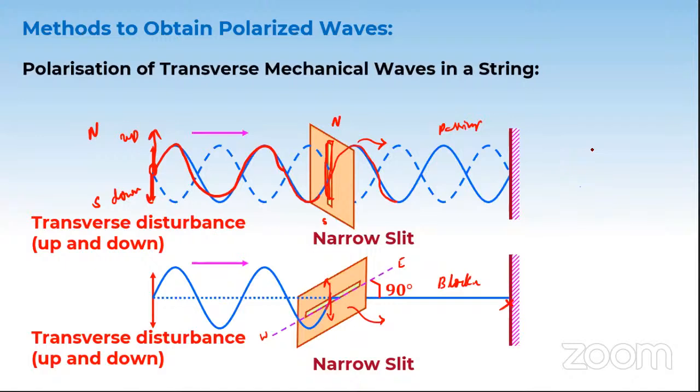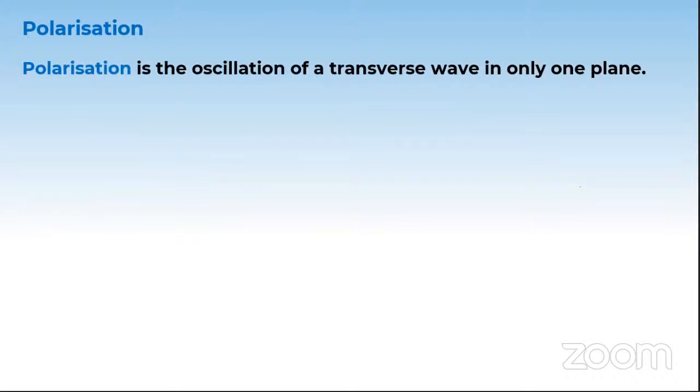So remember this idea. Whenever some objects are oscillating in the same plane as the slits are located, they pass through it. Otherwise, they'll be blocked. So what is polarization? Let me explain the process in detail. It's a process in which a transverse wave, which was oscillating in many directions, is now restricted to only one plane.